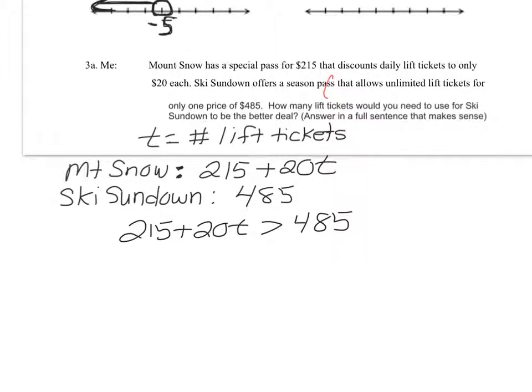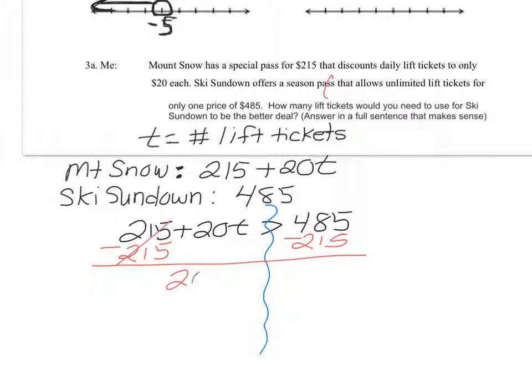Okay, so let's solve this. Okay, we've got our river going down the center. 215 and 485 are on opposite sides of the river. So we're going to minus 215 to get it over there. So 485 minus 215 is 270. So I have 20t and 270.